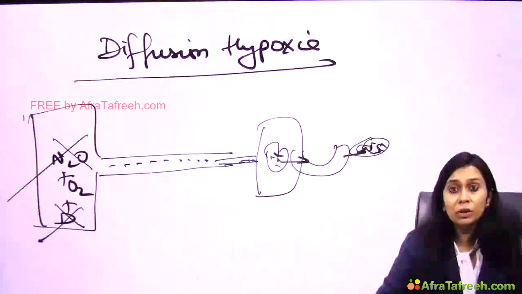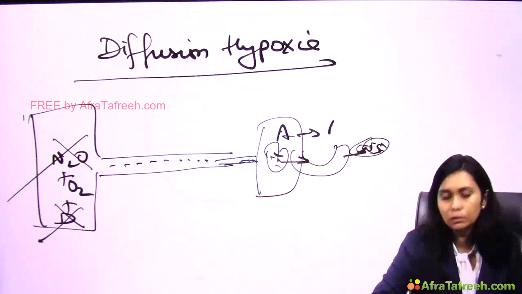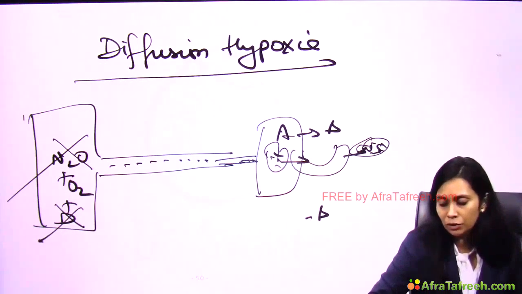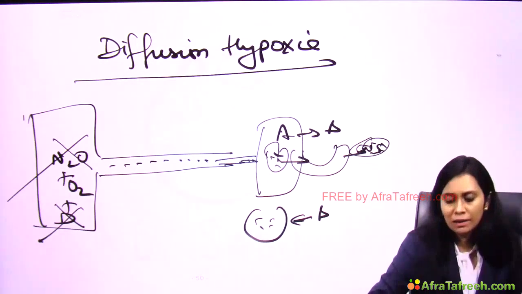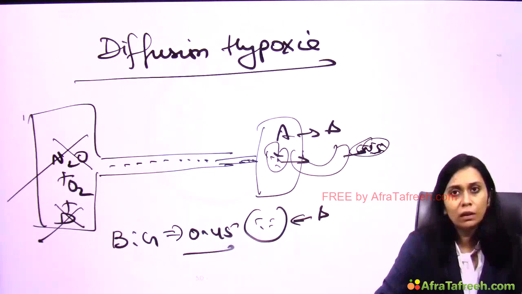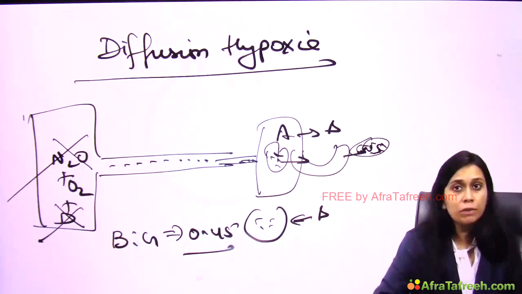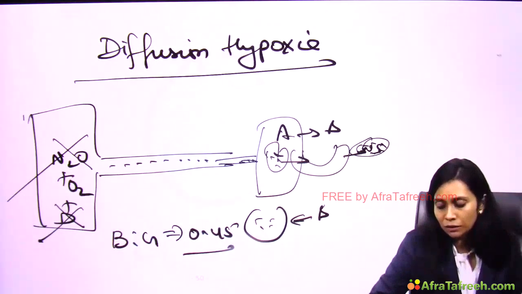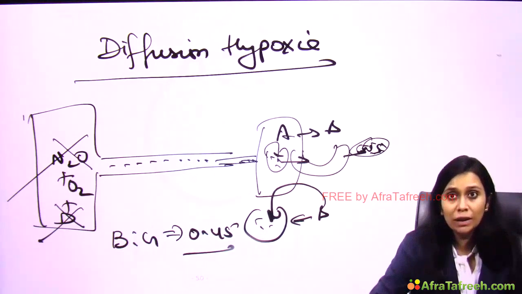When I stop nitrous oxide, its supply into the alveoli stops, and the pressure gradient which was from alveoli to blood reverses, becoming from blood to alveoli. We have discussed nitrous oxide blood gas solubility, 0.45. So with a reverse concentration gradient, it comes out of the blood into the alveoli very fast. It has a low blood gas solubility.